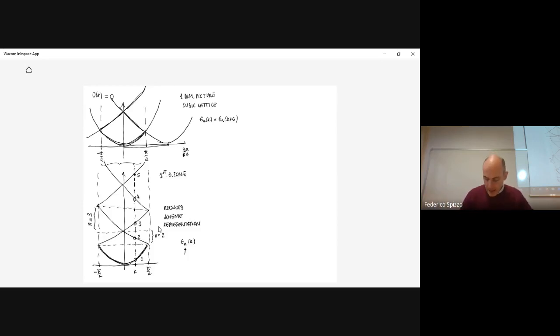So the index n is the index that refers to the band. So the index k refers to the wave vector, the index n refers to the band.